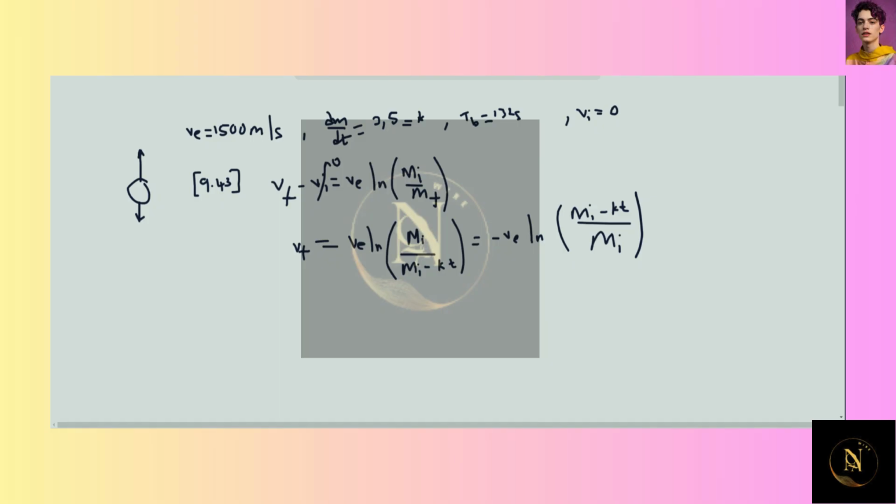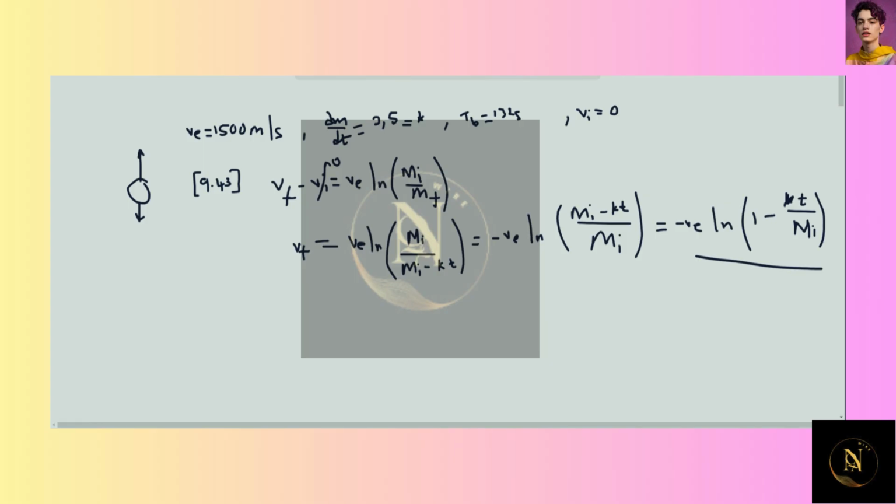So notice that this can be simplified further. That's negative VE natural log of 1 minus kt over mi. And that's your velocity there.